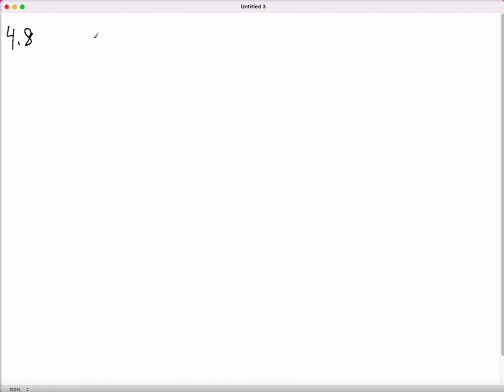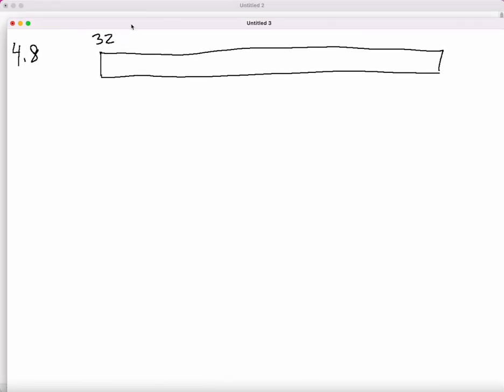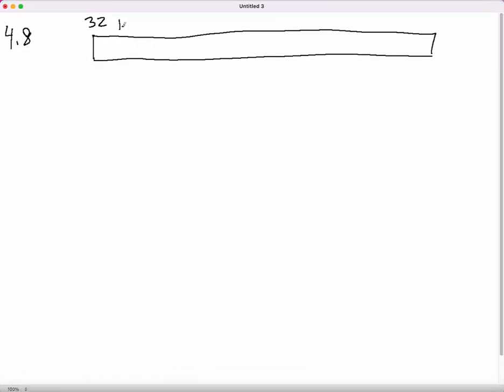So in 4.8, we're given the format of an instruction. We're told that this is 32 bits, and it's broken up as follows. There is an opcode.